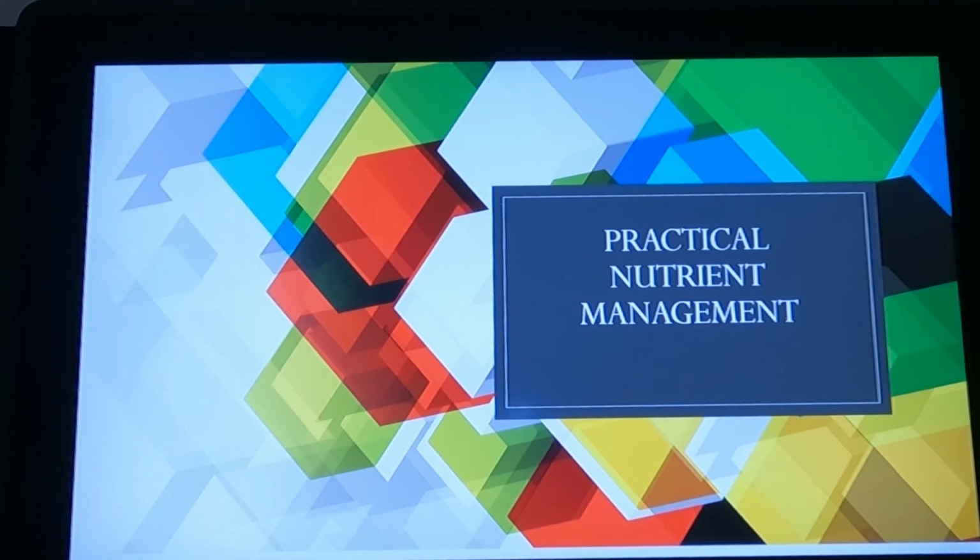We're almost there. Okay. So this last module is going to be more about what my specialty is, which is fertility and fertilizers and those nutrients and how those are going to affect your plant growth. So everything up until this point has been really the things that are going to affect your nutrient management: what your soil type is, what your soil structure is, and you can get that information from the soil orders.